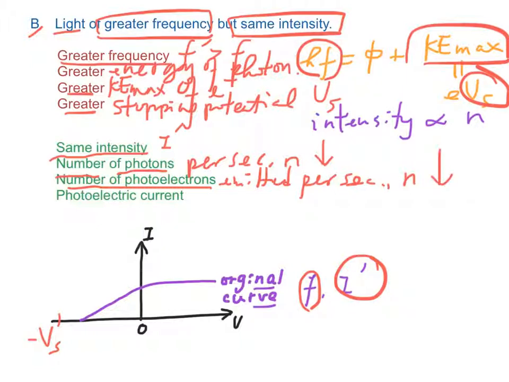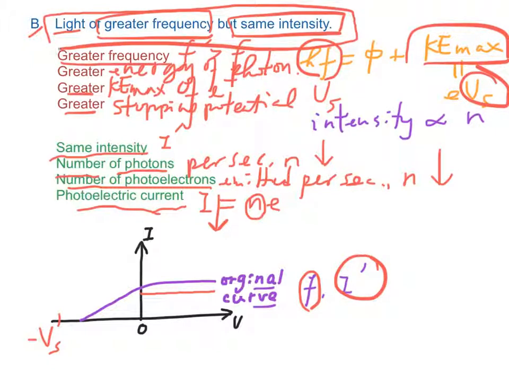In this case, the photoelectric current I equal to Ne will also decrease. This is the case for light of greater frequency but the same intensity.